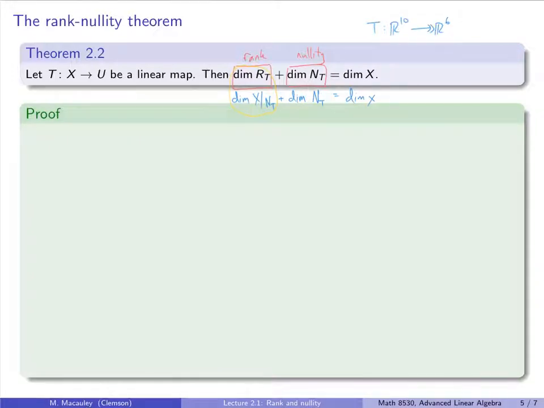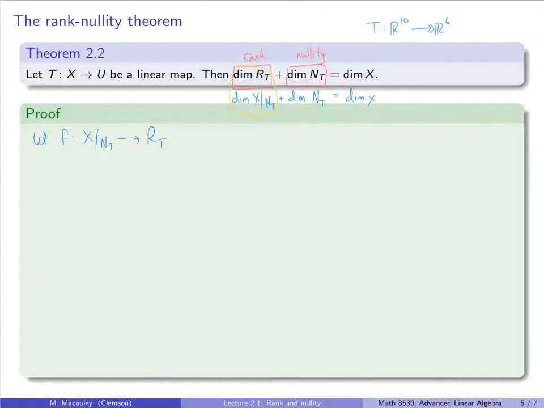So we will come up with an explicit isomorphism between these two spaces. Let F be a map from X mod N_T, X mod the null space, to the range. Now we have to define what this is.